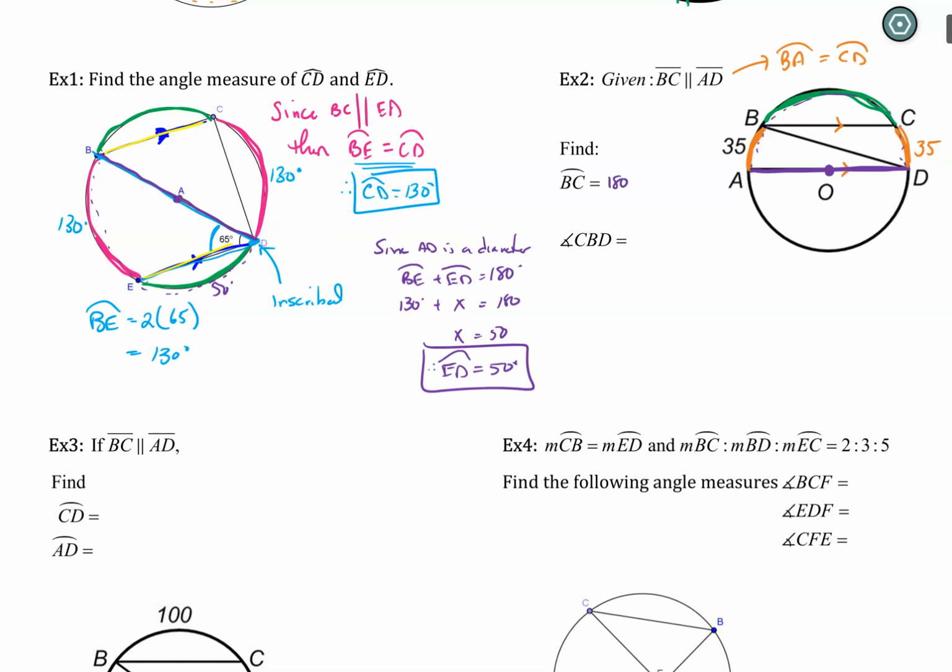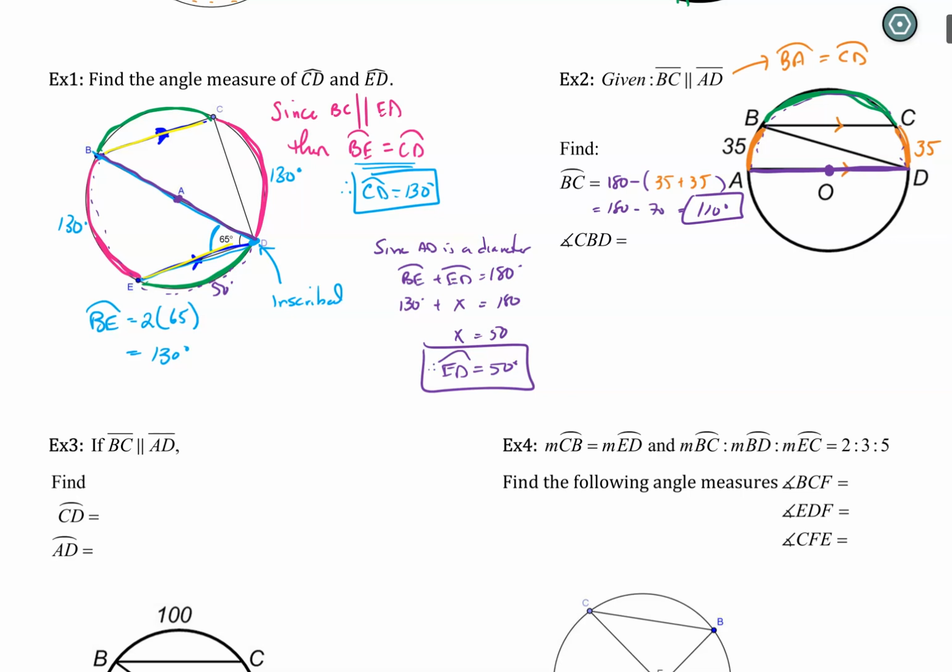So if I take 180 degrees and subtract the portion that is orange, 35 plus 35, that's going to give me BC. So 180 degrees minus 70. So arc BC is 110 degrees.